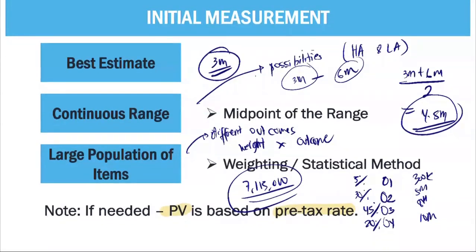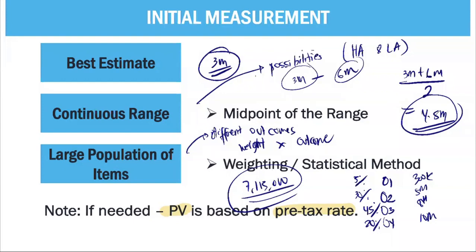Why? Because if you remember in your previous lessons, in case you are to measure a present value, how do you measure it? Using the market rate or the discount rate. However, it is now specifically provided under the standard that once you measure the present value of a particular provision, you measure it using the pre-tax rate.